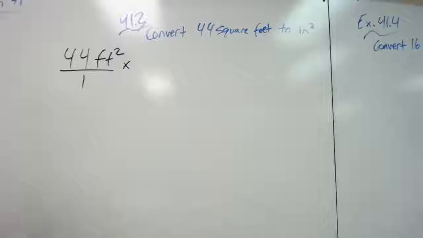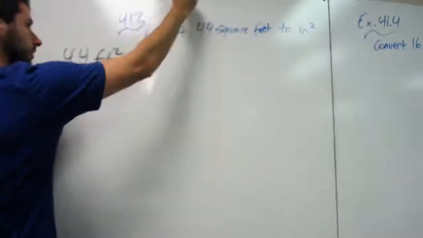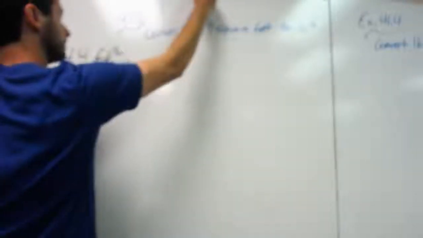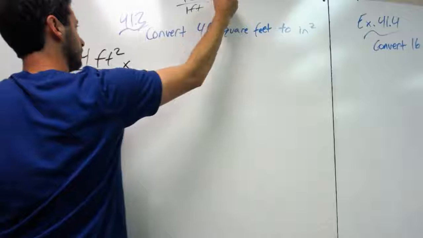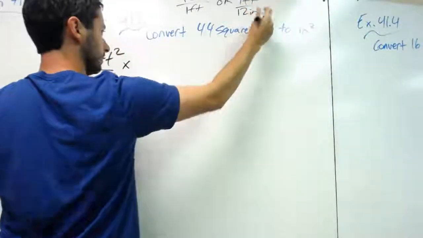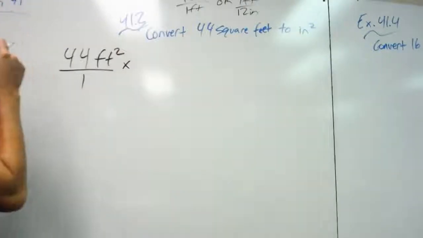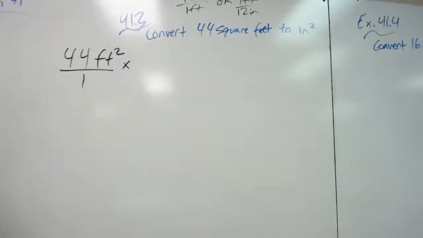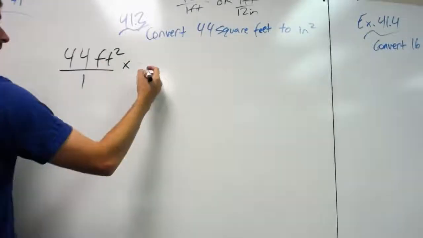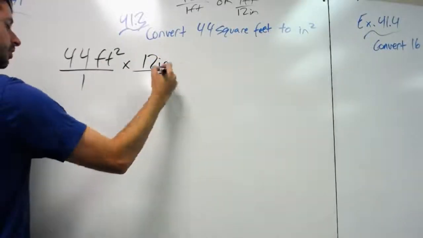Just like the last one, once again, we know 12 inches over 1 foot, or 1 foot over 12 inches. This would have what we're looking for and what we're trying to convert. So we write, obviously, the feet has to be on bottom, so 12 inches over 1 foot.